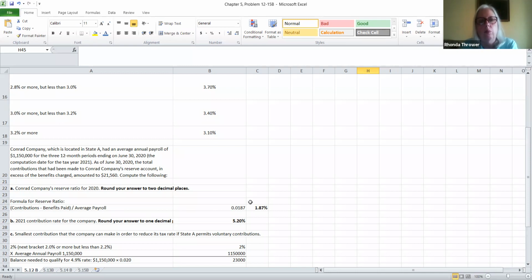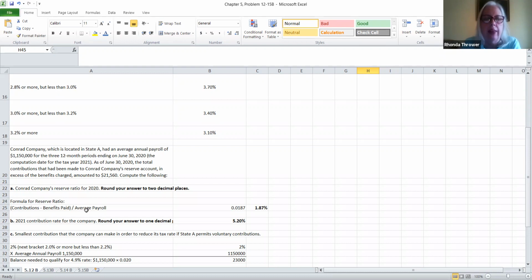They've given you the amount of contributions less the benefits paid. They told you that the reserve account had a balance of $21,560. So that balance is contributions that they made as a company through their payroll taxes versus the unemployment benefits that were paid out.